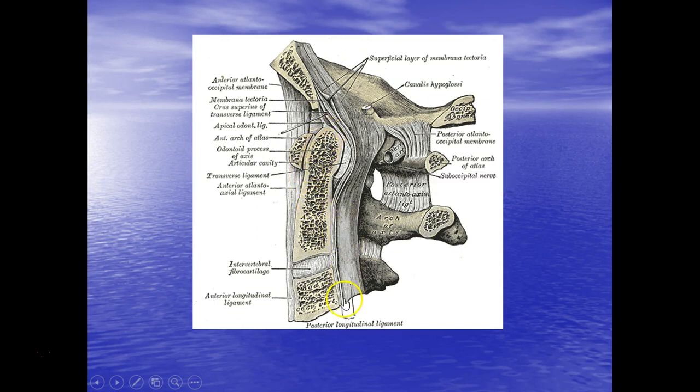The PLL ends at its attachment to the posterior surface of the body of C2, and then the tectorial membrane continues it above, passing behind the transverse ligament and eventually attaching onto the basilar part of the occipital bone on the inner surface of the foramen magnum.